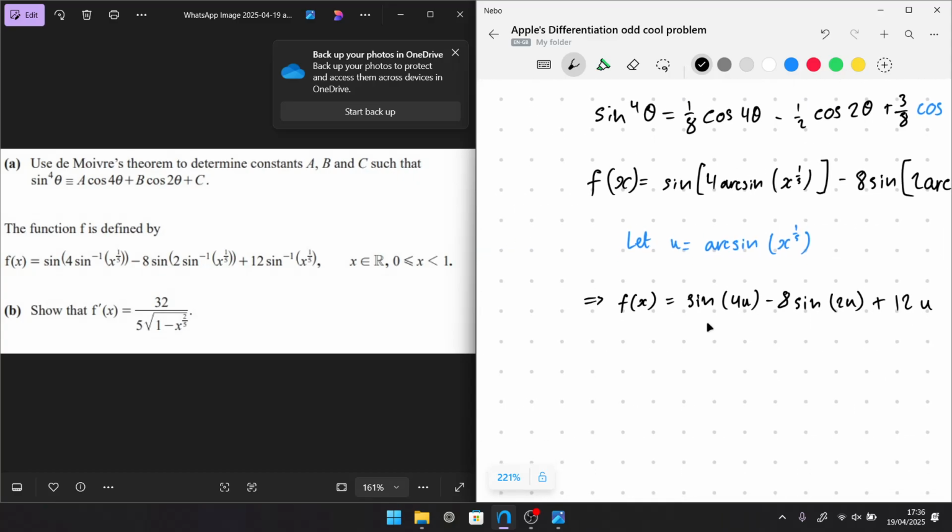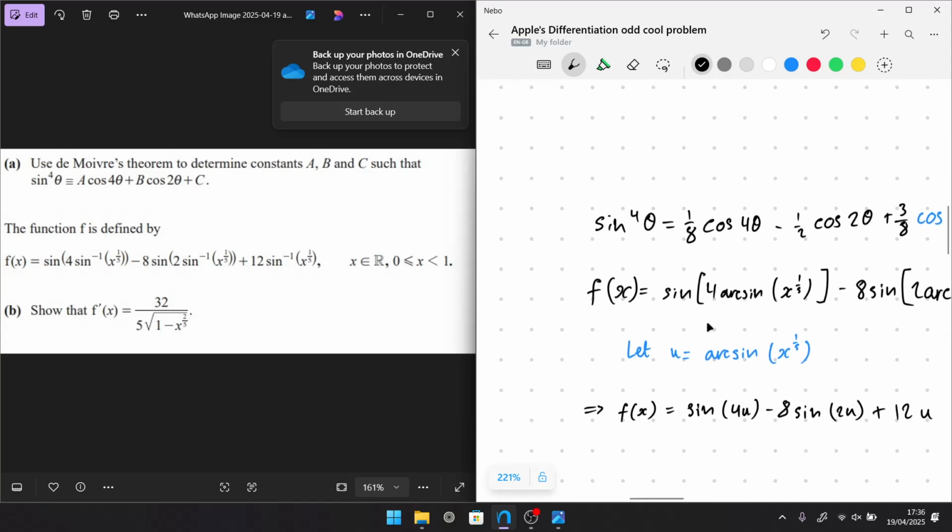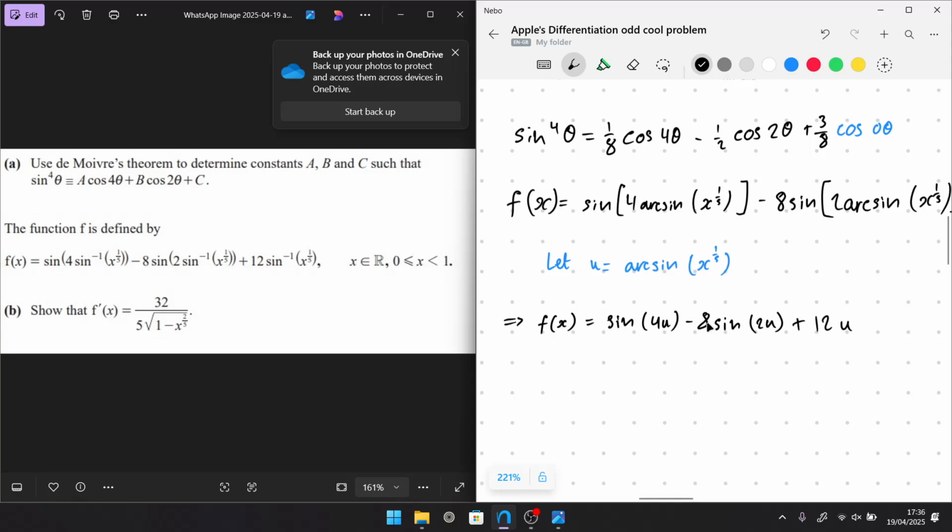Next, we need to differentiate this. I really want to make use of this stuff up here, and I want to find a way to use it, which is very difficult. I could attempt to get into a similar form.